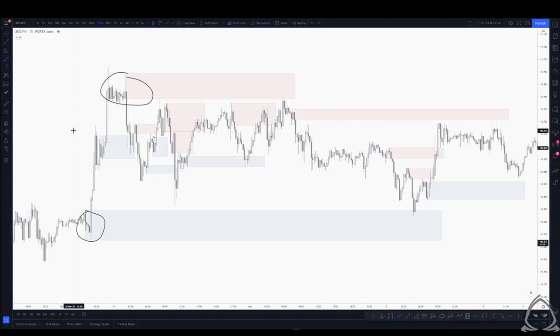But what I'm getting at is basically that the higher probability models that are more than likely to play out are the reversal models, and the continuation models are a little bit less likely to play out.